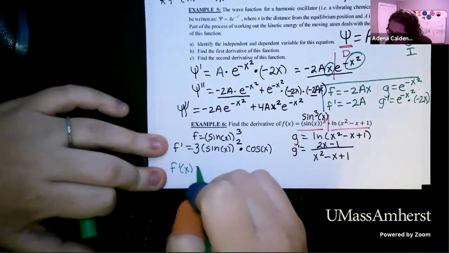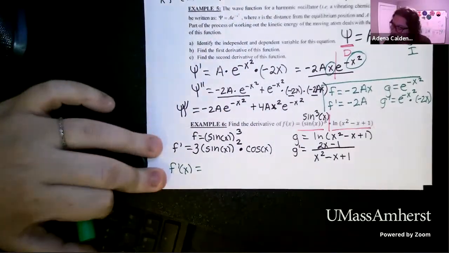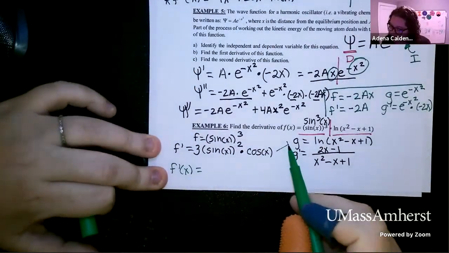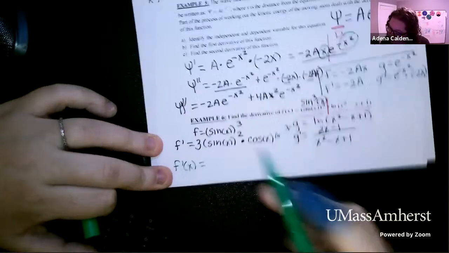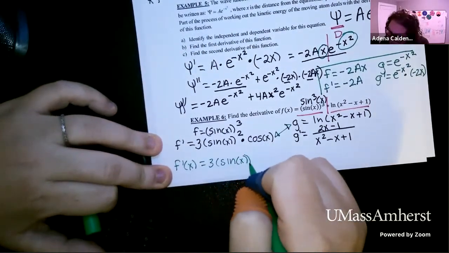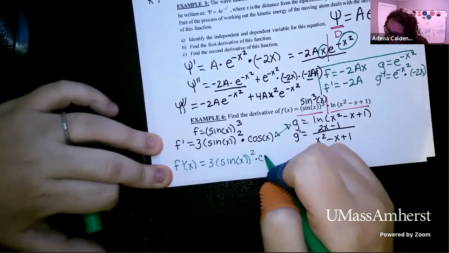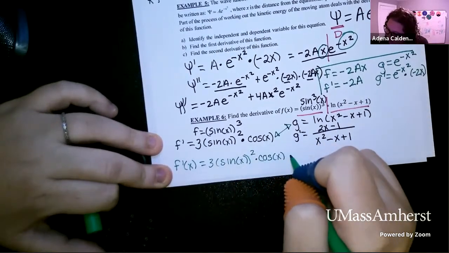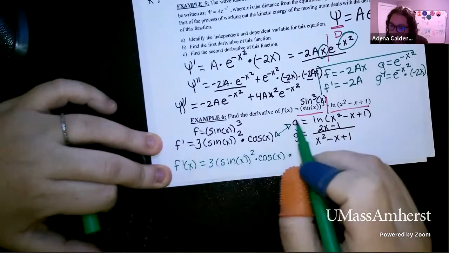Need lots of space. So I'm going to do f prime times g. So I have 3 sine x squared times cosine x. That's my f prime times g.